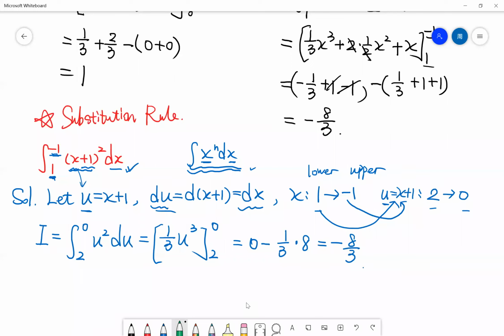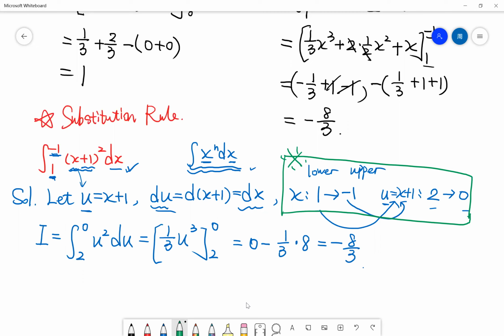Okay, so there is a common mistake here. If you want to change the variable to u, then you have to remember to change the limit for u. This is the key part. Many students skipped this step, and obviously they cannot get the final correct answer.